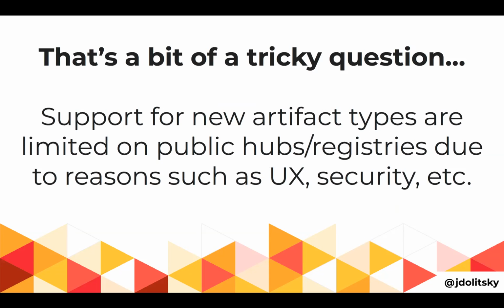And right now, because it's still under discussion with OCI, it's a bit of a tricky question because the public hubs like Docker Hub and Amazon ECR are concerned about things like security and user experience, and they're not necessarily interested in running some experimental project of running Helm charts until OCI gives the thumbs up on the way to go about it. The one exception is Azure Container Registry.